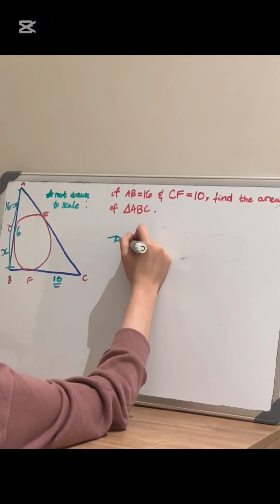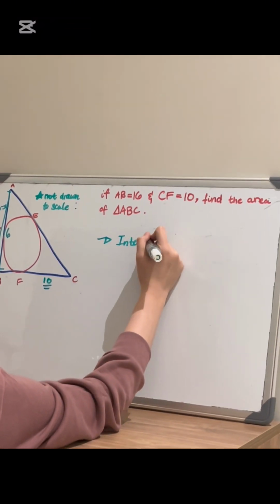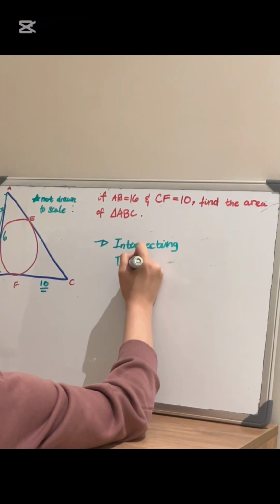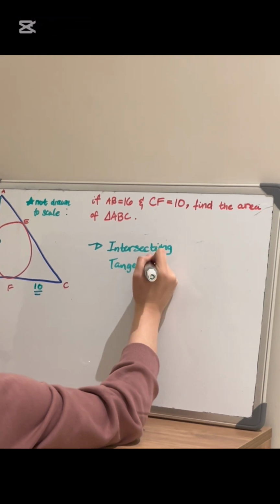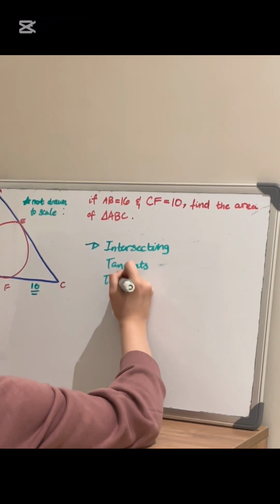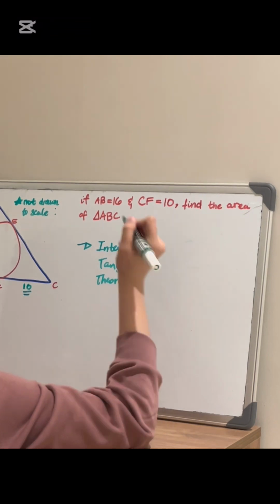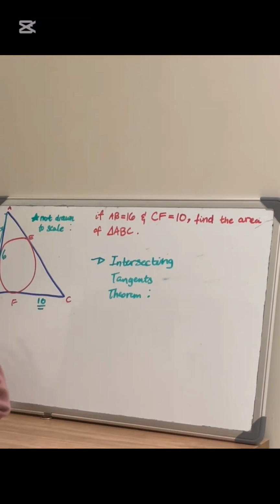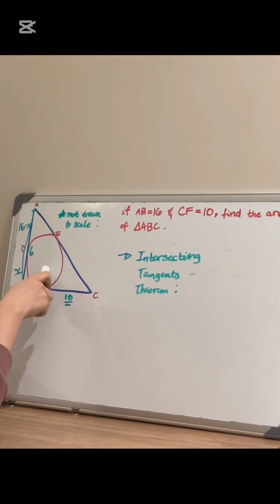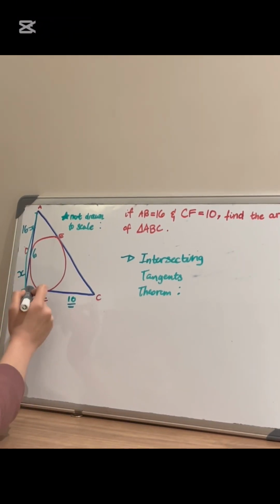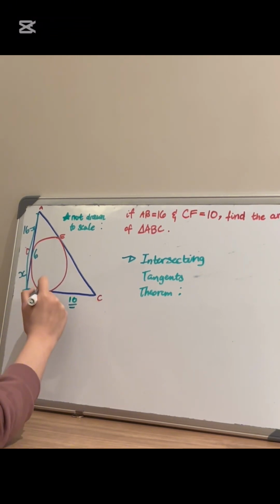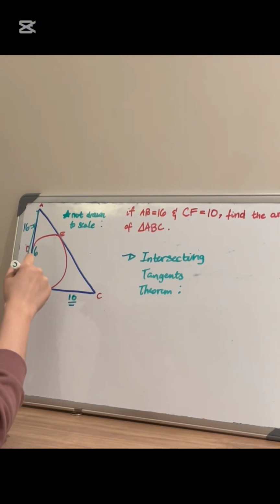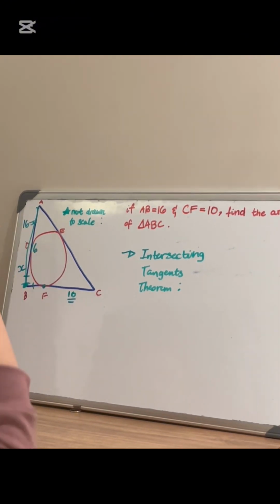This theorem is called the intersecting tangents theorem, which states that if there are two tangents of the same circle, then the lengths from their intersecting point to the point on the circle are equal.